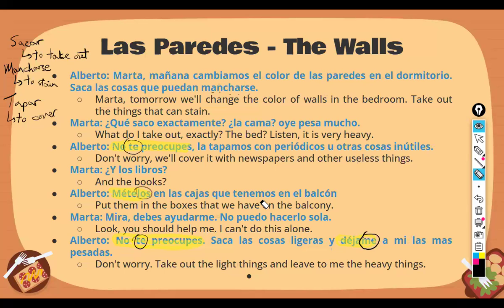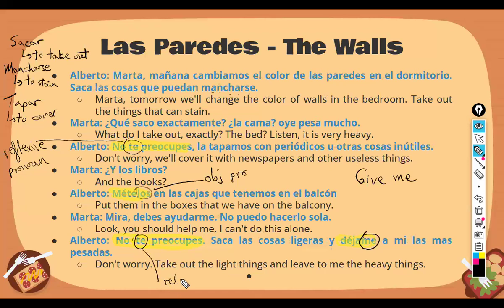So the object pronoun is the pronoun that comes after the verb, right? So in English, give me, actually, this is not an object pronoun. This is a reflexive pronoun. Because in Spanish, there are those pesky reflexive pronouns. This is the object pronoun here. Put them. This again is reflexive.